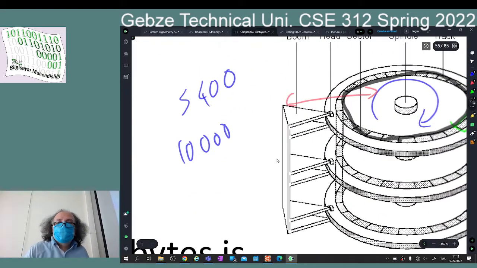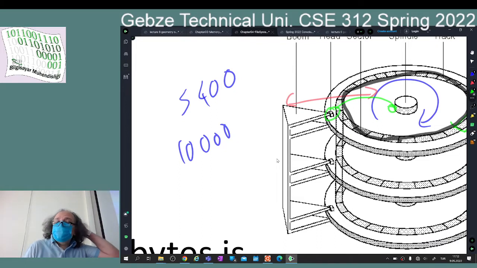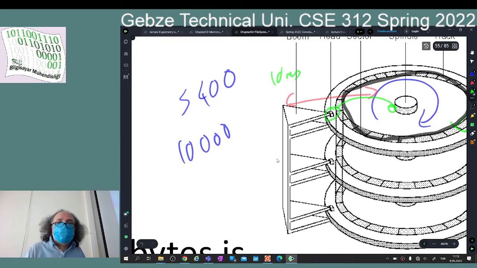What does that mean? Usually moving this head from this location to the other side of the cylinder range, or the track range, will take, for example, 10 milliseconds. But on average, you don't do this traversal all the time.